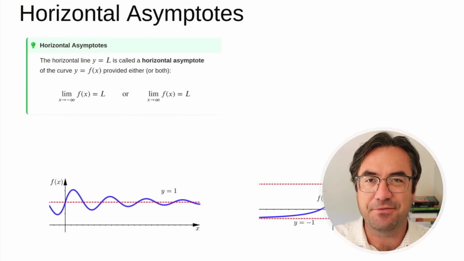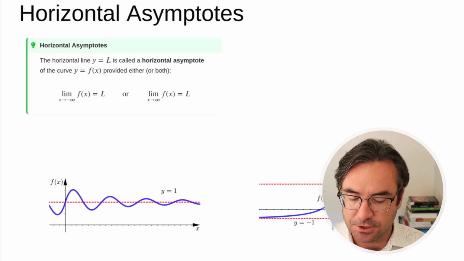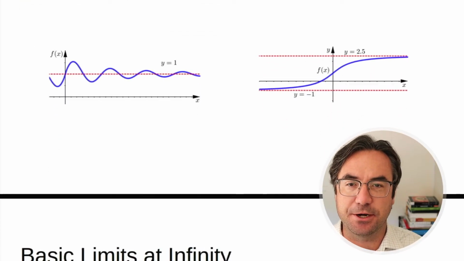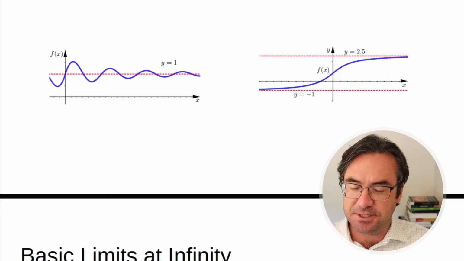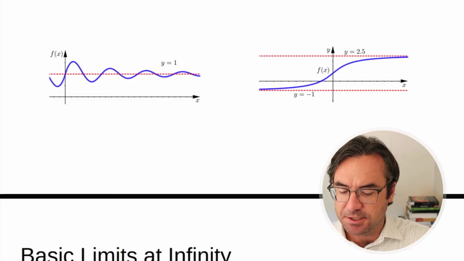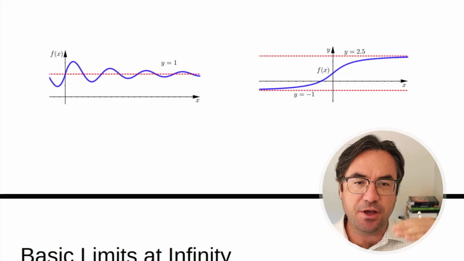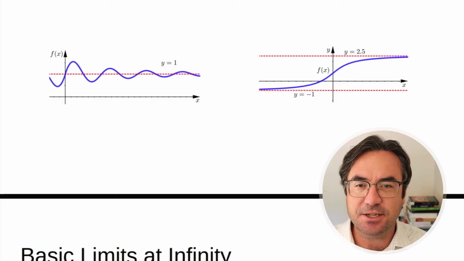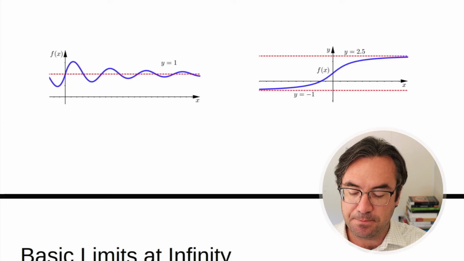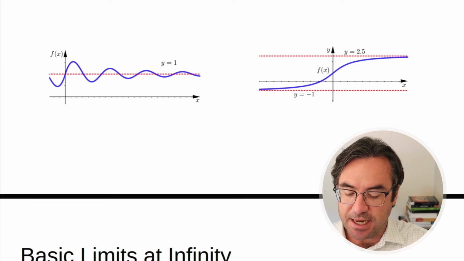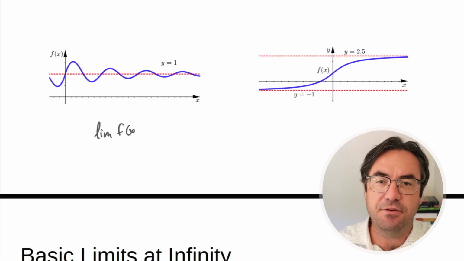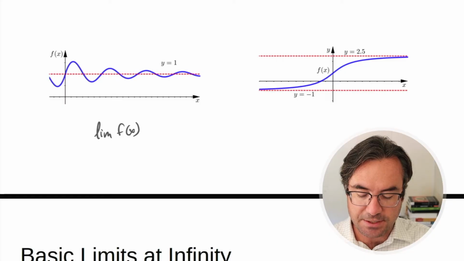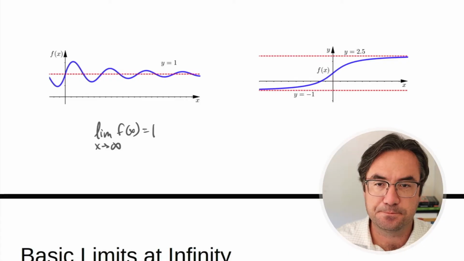So graphically, what would this look like? Let's see two examples here. In the first graph, we have this function with a little oscillation to it. It's bouncing around, but we see that the height of those peaks starts to settle down and decay over time. We could say the limit of f of x in this case, as x approaches infinity, is equal to 1.